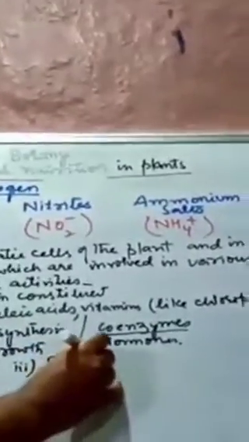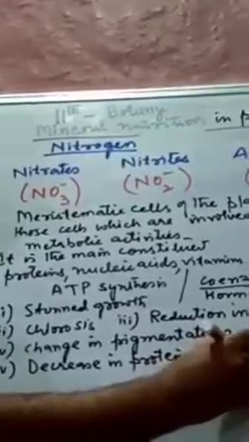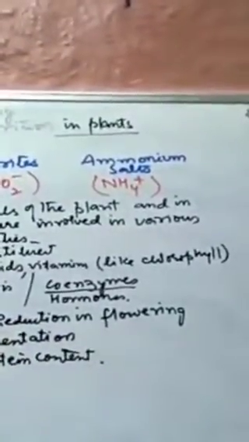We will see there may be the reduction in flowering. एक और deficiency which is found in this plant, that there is the change in pigmentation. एक और हम यहाँ पर देखेंगे, since it plays an important role in the protein, so we will see there will be the decrease in protein content.